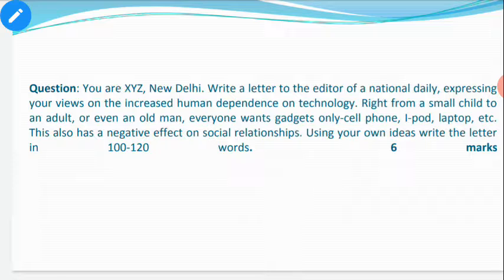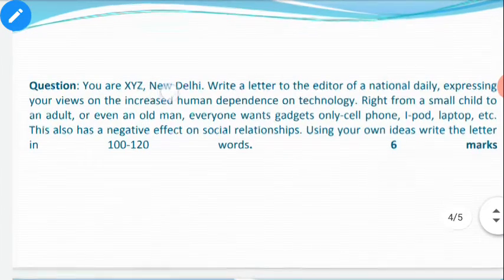While reading it, you should identify some important information: first, the address of the sender, then the receiver's address, and then of course the subject on which the letter is to be written.